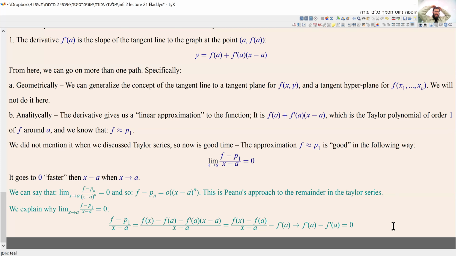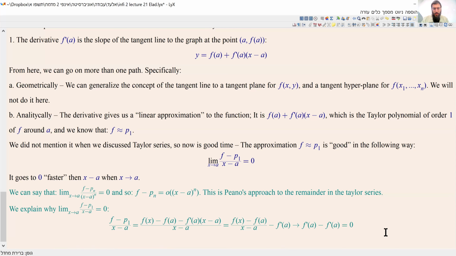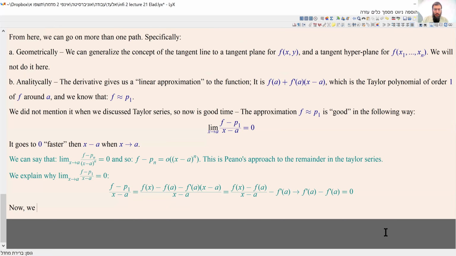Now, the differentiability of a function. Now, we define the differentiability of a function.